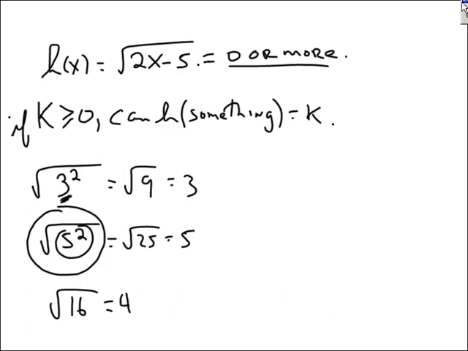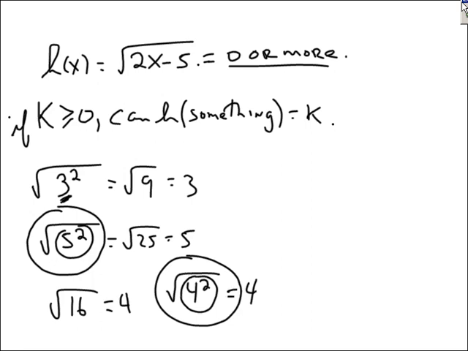And the answer is 4. But if I write it as the square root of 4 squared, this is asking, what times itself equals 4 squared? Well, 4 times itself equals 4 squared, just like 4 times itself equals 16. The square root of k squared is equal to k.